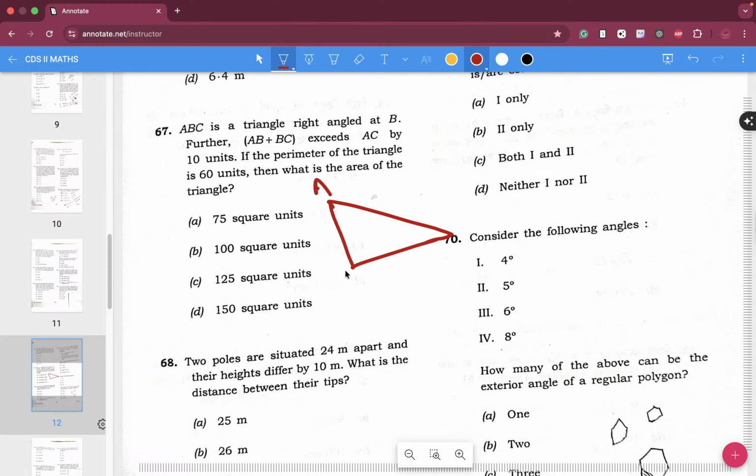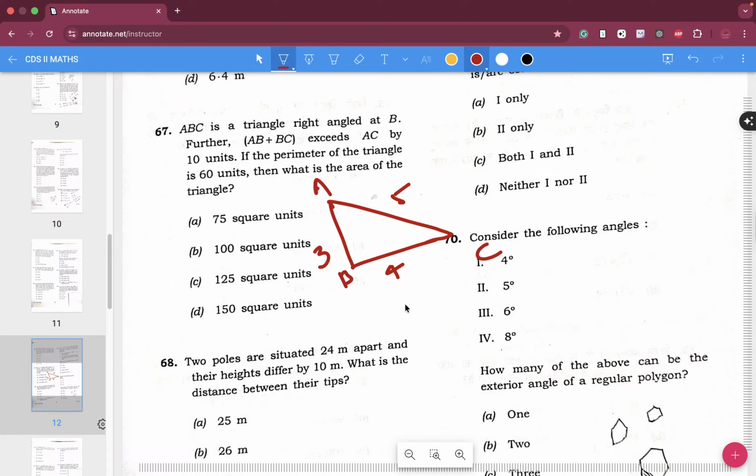The sum of AB plus BC exceeds AC by 10 units. So the classical one we can find is 3, 4, 5. But the sum is how much? Then we can assume how much?